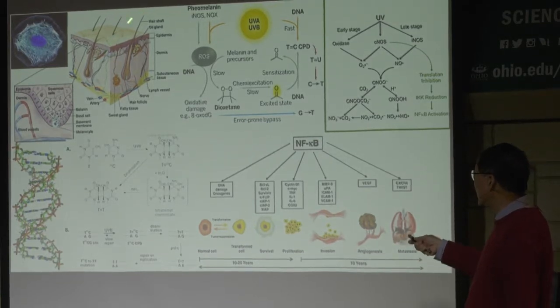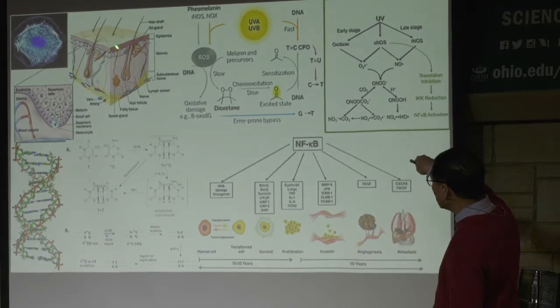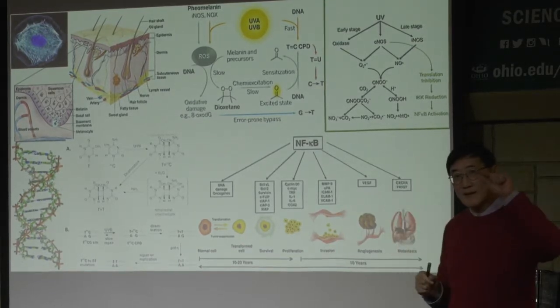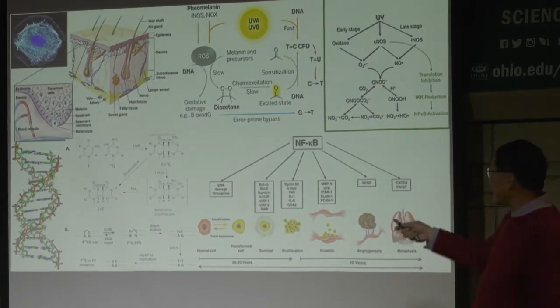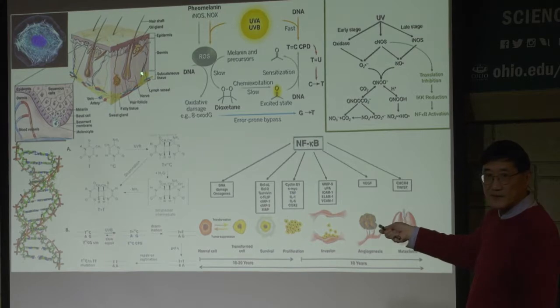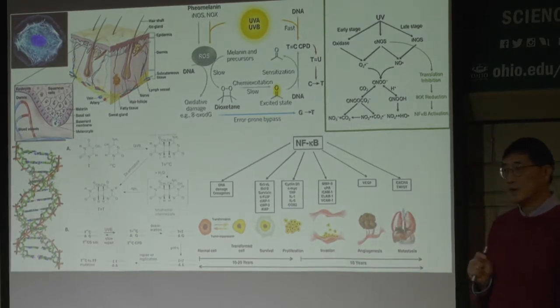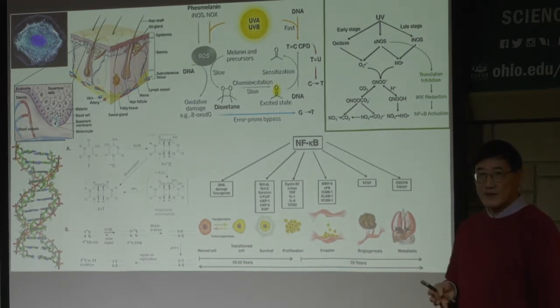UVB can penetrate the whole epidermis layer and just touch the dermis, and UVA can penetrate much deeper. Longer wavelength penetrates through. In the dermis, there are a lot of fibroblasts.